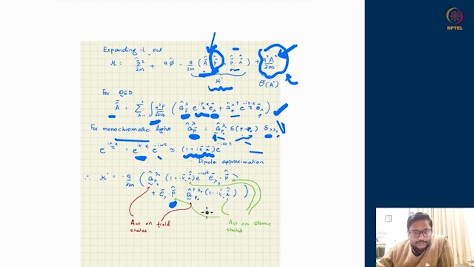I have to write it in terms of the A and A daggers again. So ultimately I would write down this A plus A dagger term, which is appearing over here.